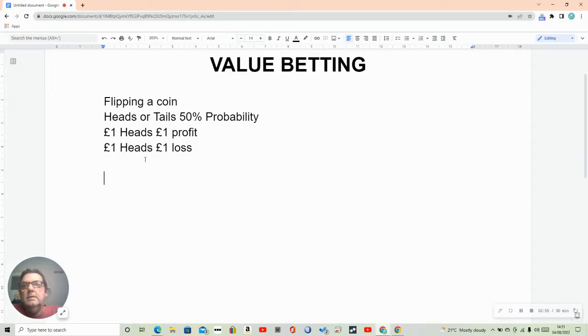So with that, a value bet would be where a bookie would give you... I know you can't place bets on flipping a coin coming out heads or tails, but if you could, this example I'm giving you is because we actually know the probability and the value of flipping a head or a tail.